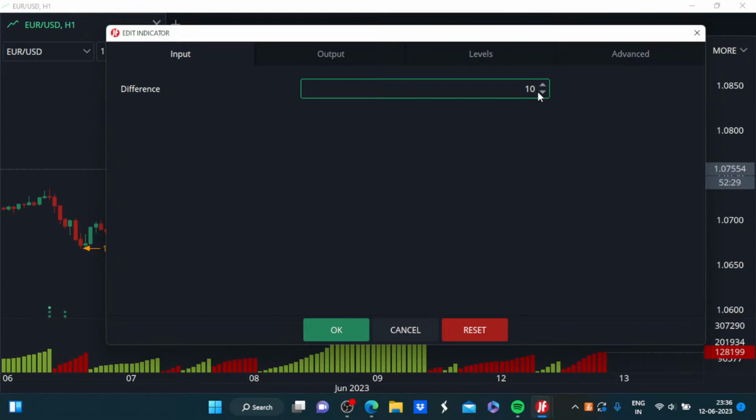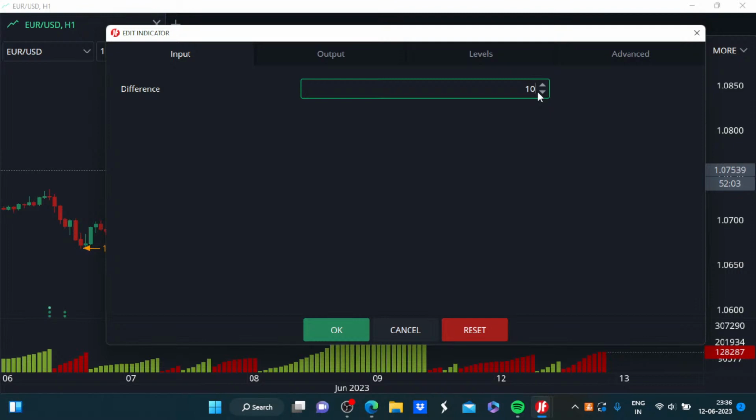If we use a larger number for the difference, then we will have the indicator's output being a lot smoother. It will not change very frequently, but if we use a lower time frame as the difference, then it will change quite frequently. So this is the trade-off. If you make it much more responsive, you can decrease the difference.